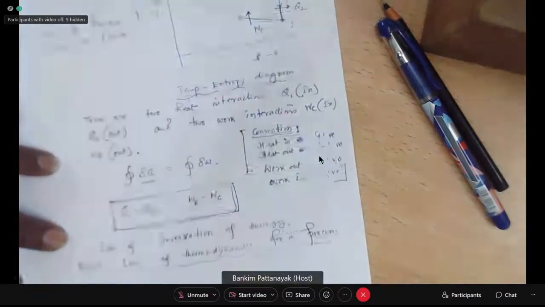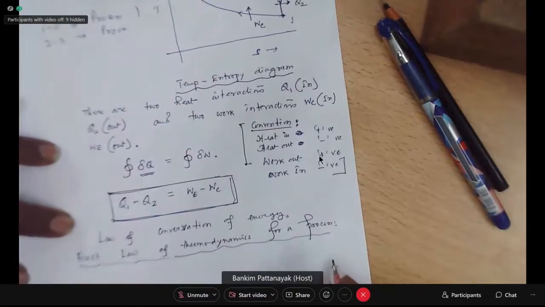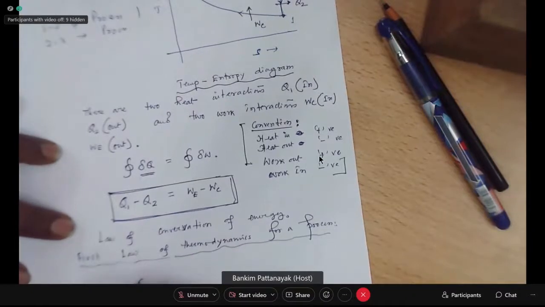Okay. Now, the first law of thermodynamics for a process says that del Q is equal to del W plus dU.